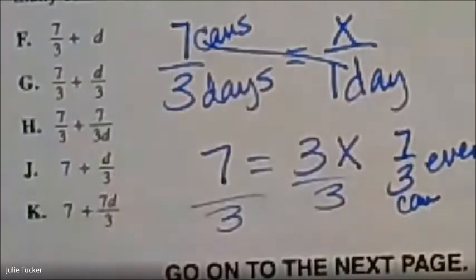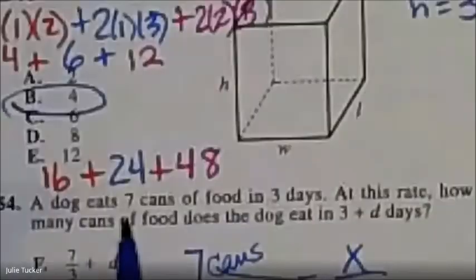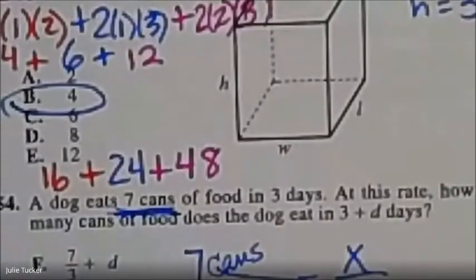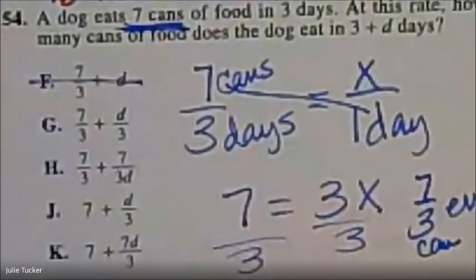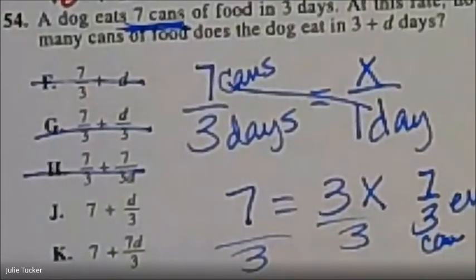So here's the thing, Connor. We could have guessed on this problem. If we read carefully, we know we have to start with the amount that he already ate, which was the 7 cans, right? So we could have said, this doesn't make sense, and this doesn't, because they all start with 7/3, not with 7.